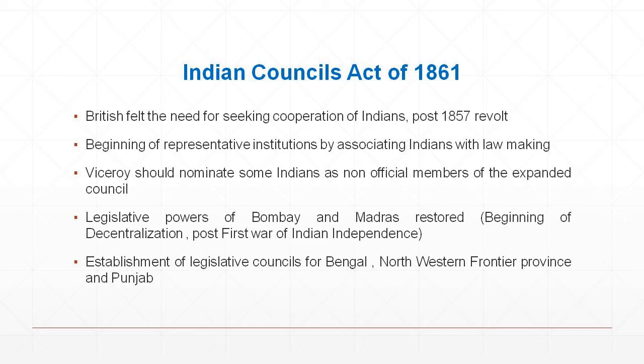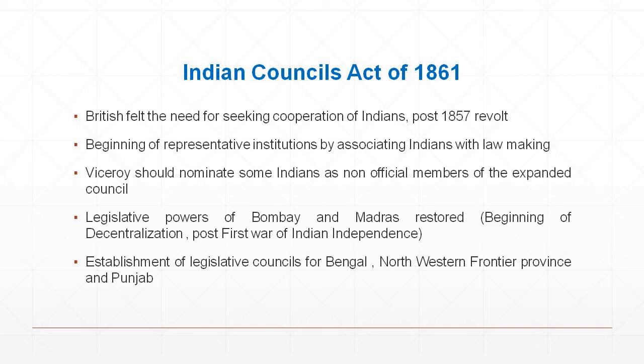So we can see clearly in the Charter Act of 1833, the Bombay and Madras presidencies lost their power to make laws. So this was reversed. And now both Bombay and Madras can make their own laws. It initiated the process of decentralization by restoring the legislative powers to the Bombay and Madras presidencies in 1861.